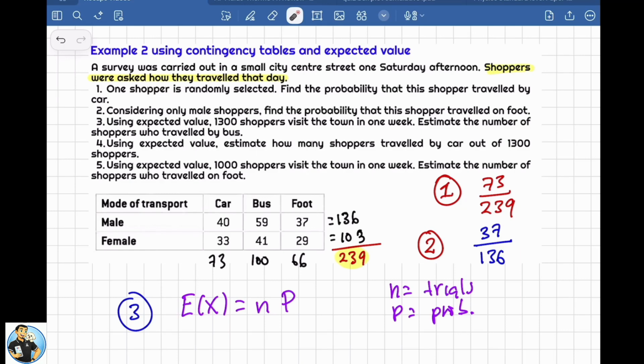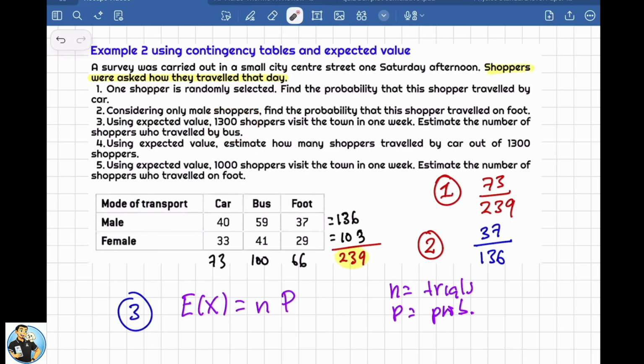And the result could be a male using the car, a male using the bus, something like that. So the number of shoppers is going to be the number of trials. That is the trick. Again, here the trial is a shopper visiting the small city. So we have 1,300 shoppers visiting.